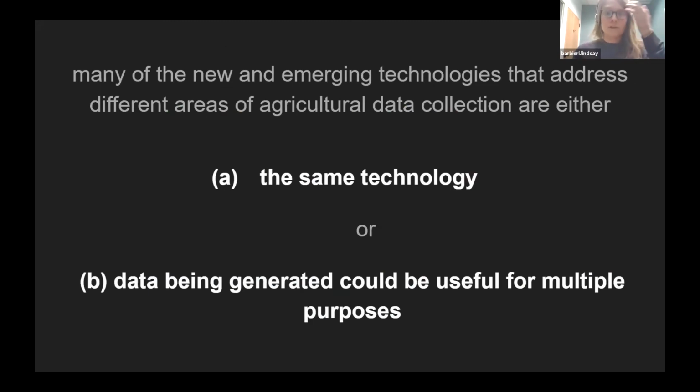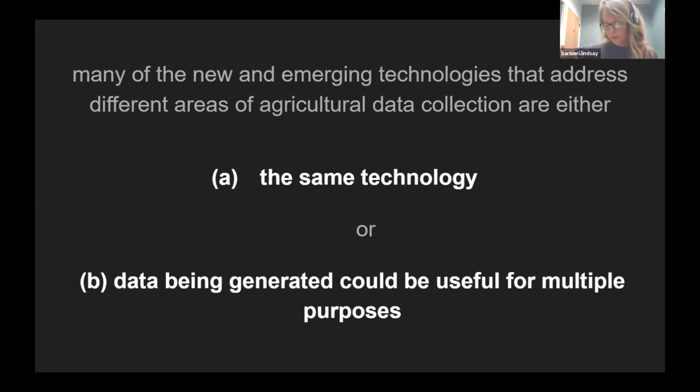Many of the new and emerging technologies are addressing different areas of agricultural data collection. For example, drones can be flown to collect yield information related to imagery, but at the same time, that same data can be really useful for giving us information about climate mitigation.